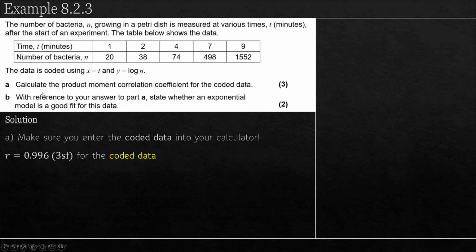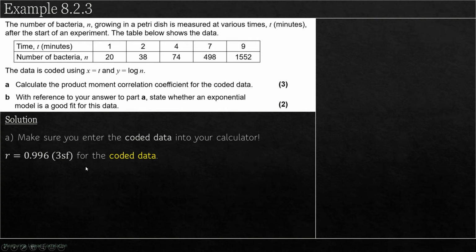0.996. So part B, with reference to your answer to part A, state whether an exponential model is a good fit. Well, when we code data like this, by either logging both the 2 initial variables or just logging one of them, if the coded data then fits on a straight line, then our original model fits an exponential curve, or an exponential model.